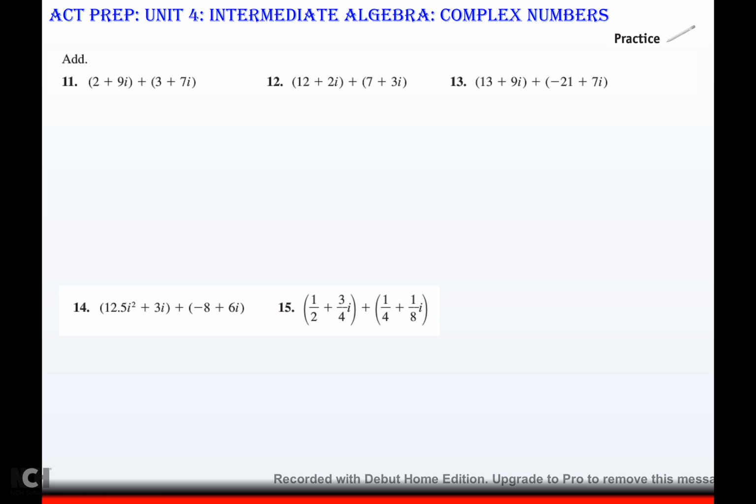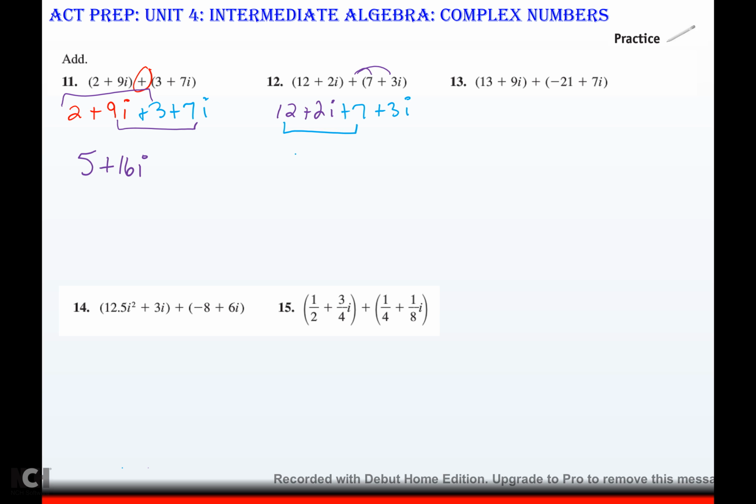Alright, number 11, they want me to add. So I'm taking 2 plus 9i, and I'm adding the 3, and I'm adding the 7i. Combine like terms. 2 plus 3 is 5. 9i plus 7i is positive 16i. Okay, same thing here. I'm adding, so I have 12 plus 2i, and I'm adding a 7 and adding a 3i.